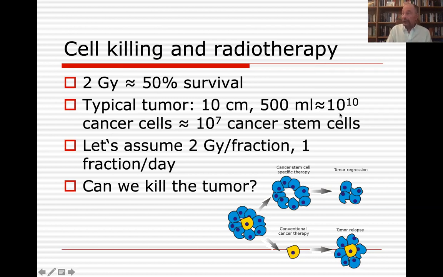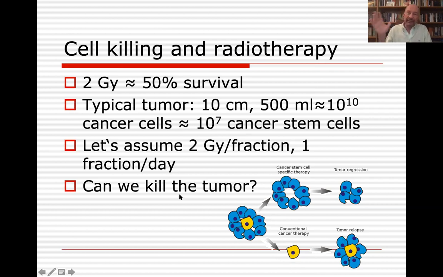Out of these, if you remember the biology of cancer, approximately 10 to the minus 3 are cancer stem cells. So let's say something like 10 to the 7 cancer stem cells. And as we already saw in the biology lecture, you really want to eradicate the cancer stem cells, because if you don't, you will have relapse.